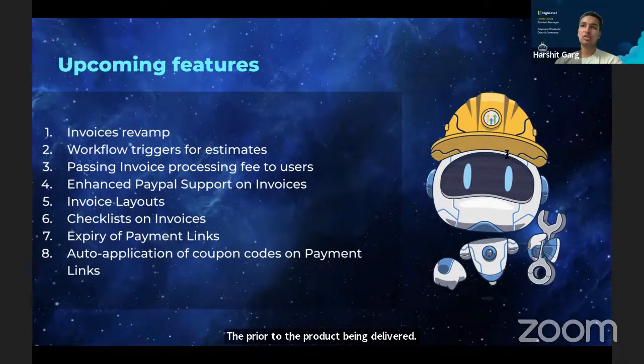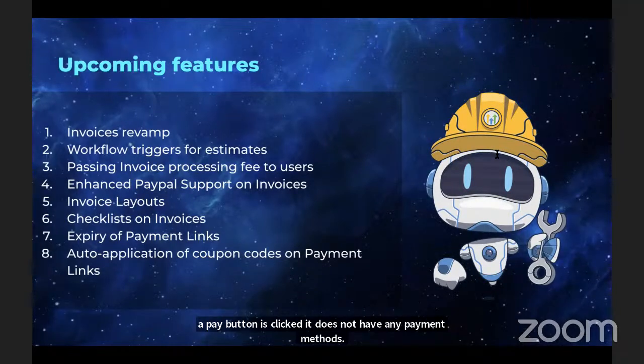Got it. Essentially, you are saying that when we are creating custom payment methods, we also give an option for COD, so that whenever that invoice gets sent out, whenever a pay button is clicked, it does not have any payment methods, but the customer can only pay via cash. Correct.